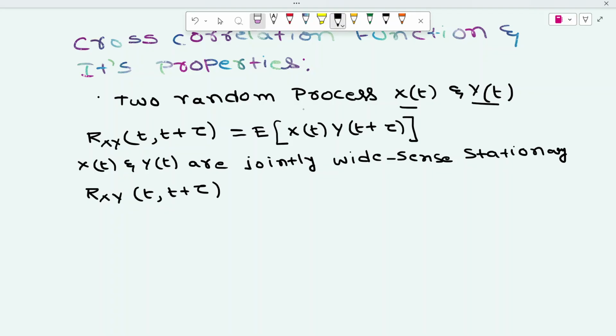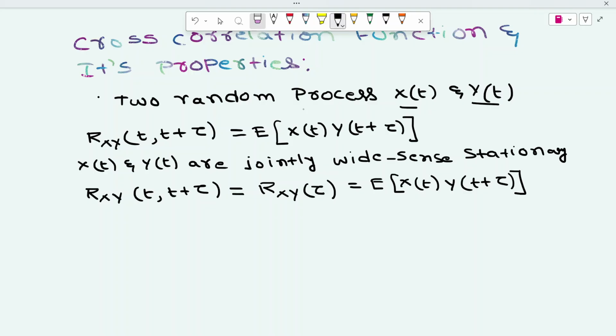function should depend only on the time difference between those two. That means it is given by rxy of tau. So this is very important for a wide sense stationary process. Expectation of x of t into y of t plus tau will depend only on the time difference between these two time instants, which is nothing but the time lag.